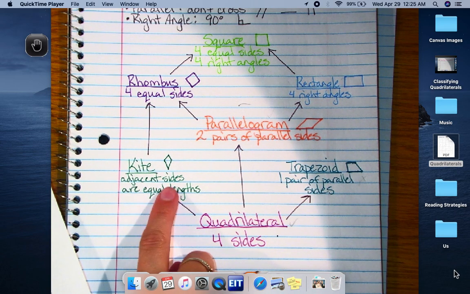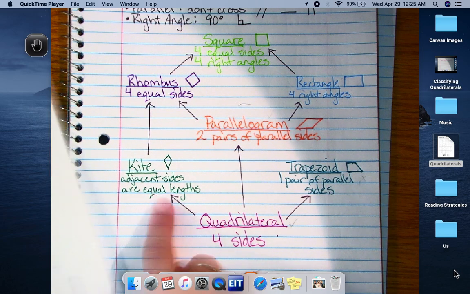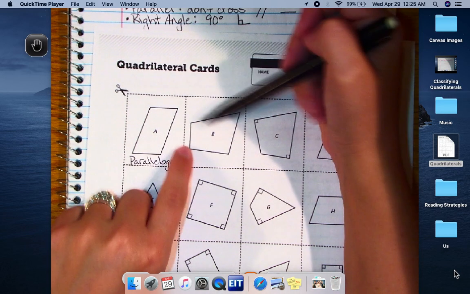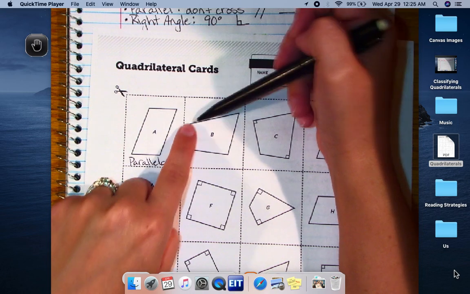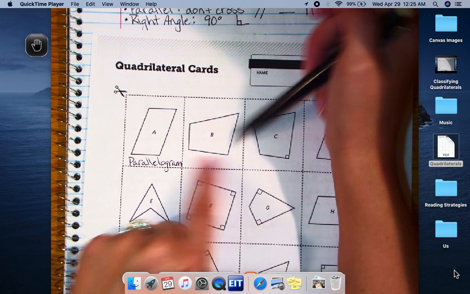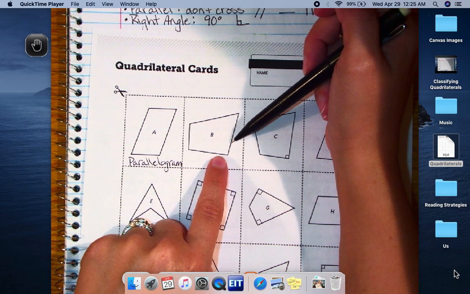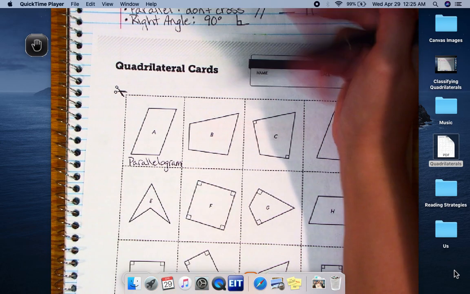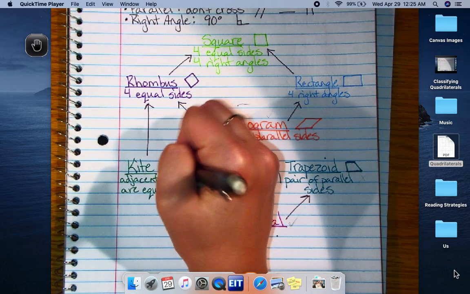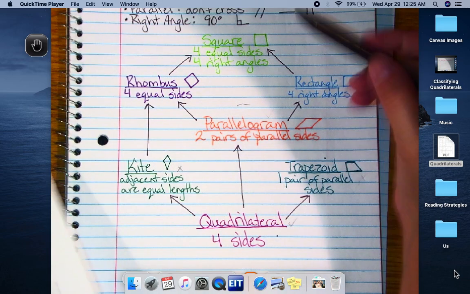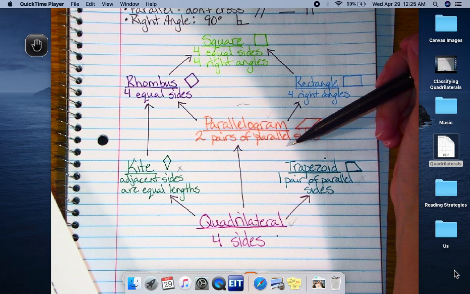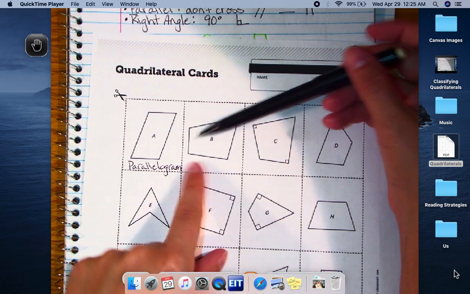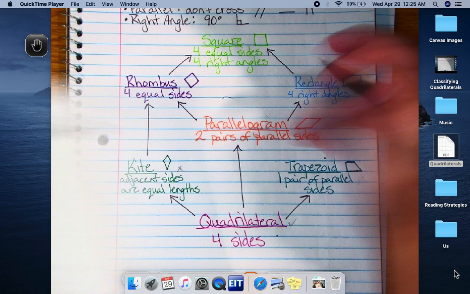Are the adjacent sides, the touching sides, equal lengths? These sides, definitely not equal. These sides, those don't look too equal. These don't look equal. So no, it's not a kite. Does it have 2 pairs of parallel sides? I already determined, no, it does not.